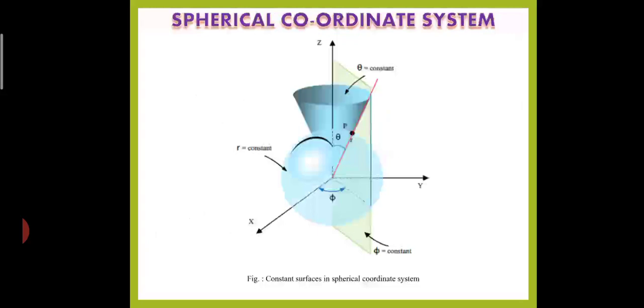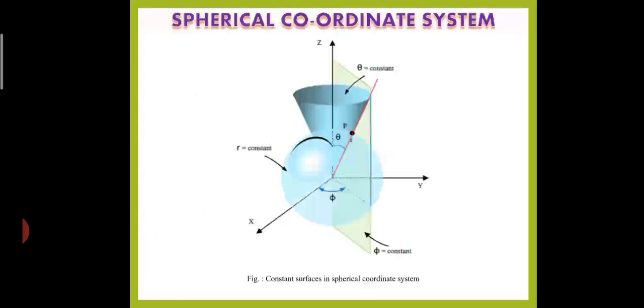Now, the spherical coordinate system. In a spherical coordinate system, a point P is specified by 3 coordinates: r, theta and phi. Here r represents the radius vector, the distance from the origin to the point.